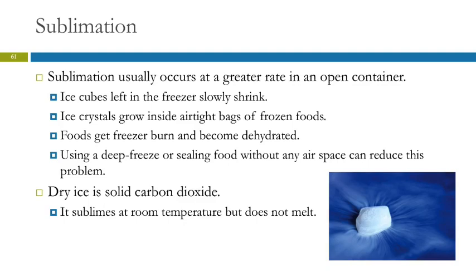Because in order to sublime, the water molecule has to go into the air, right? If there's no air to go into, it might sublime, but then it's probably just going to come right back, right? So you can cut down on freezer burn by wrapping your food better.